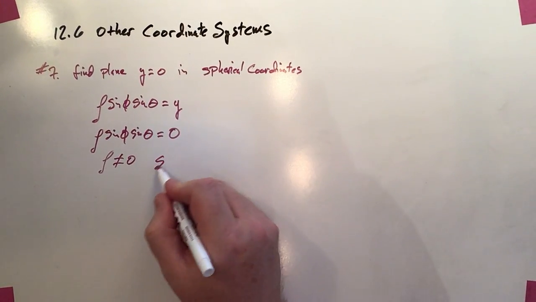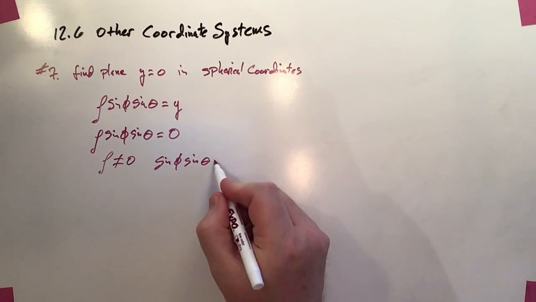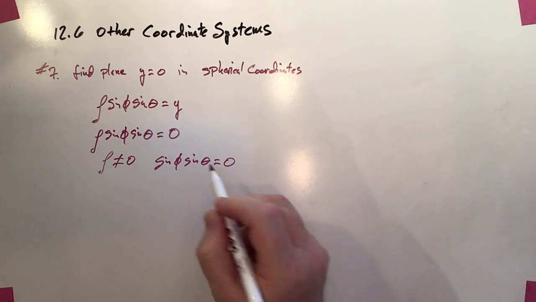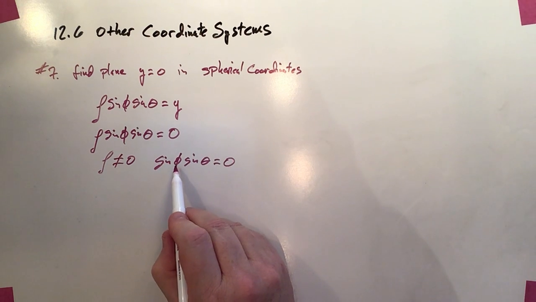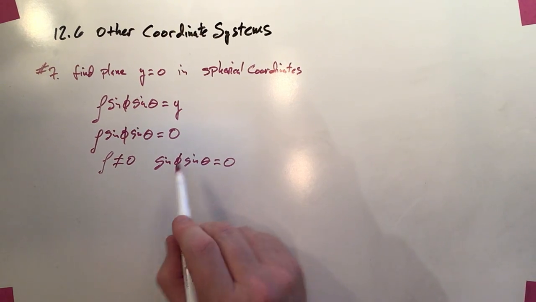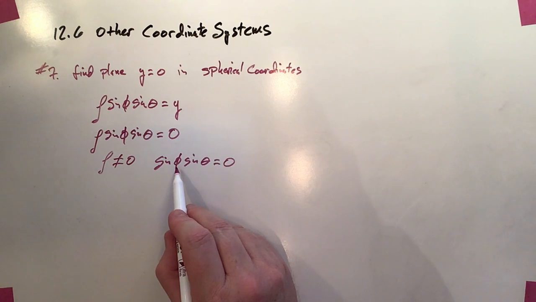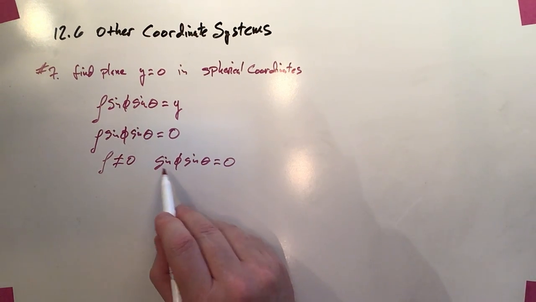So that leaves us with sine phi sine theta equals 0. Of course, phi is the angle that rho makes with the z-axis. And this plane, which encompasses the entirety of the xz plane, will feature plenty of times that rho is tipped at an angle to the y-axis.